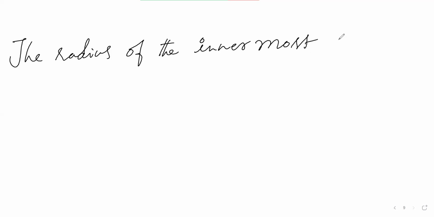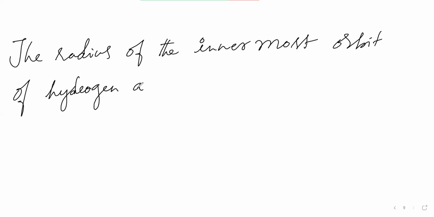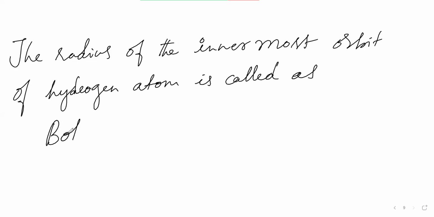The radius of the innermost orbit of hydrogen atom is called Bohr radius.